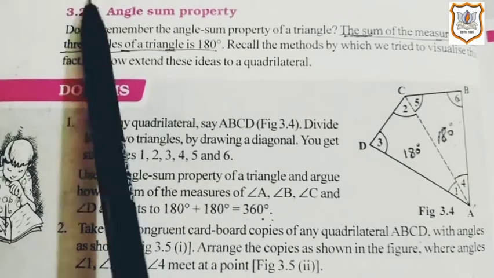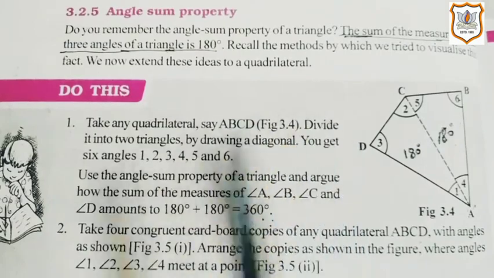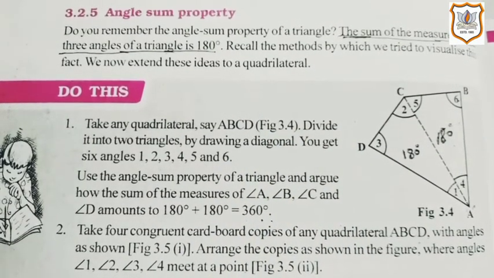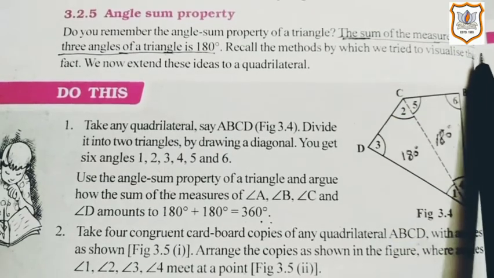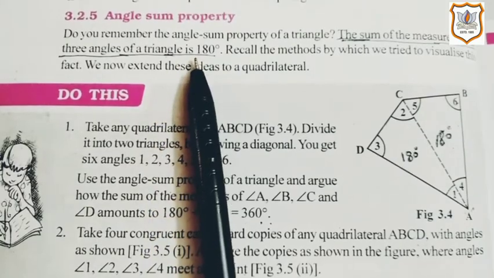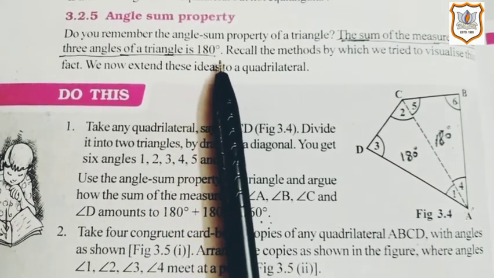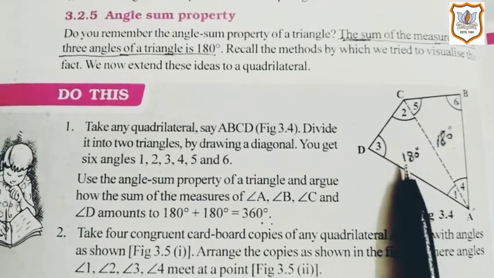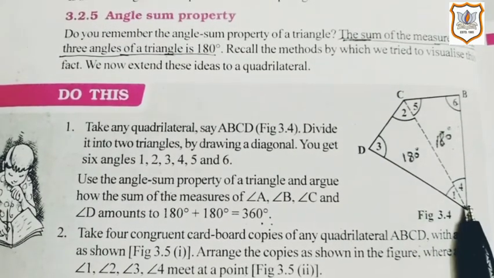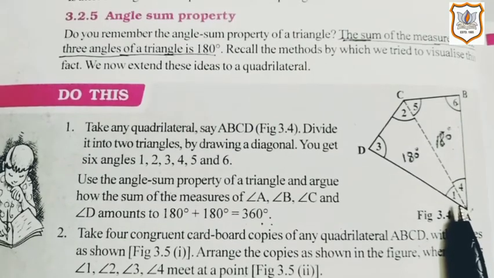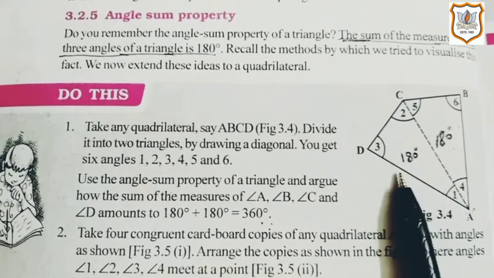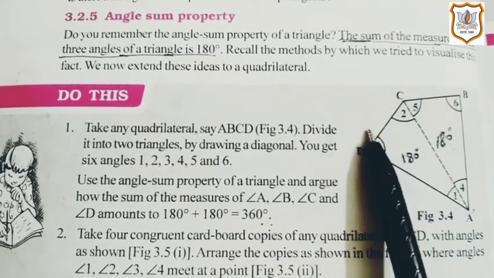Next, angle sum property. Do you remember the angle sum property of a triangle? The sum of the measures of the three angles of a triangle is 180. So you can do it like this. This is a quadrilateral. Why is this a quadrilateral? Because this figure has four sides: 1, 2, 3, 4.